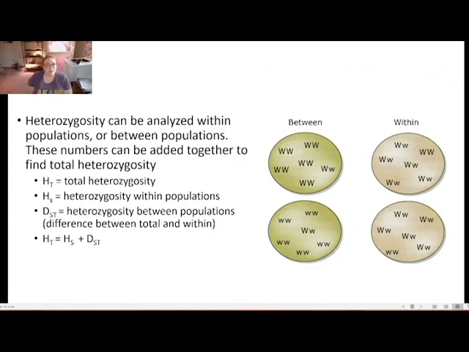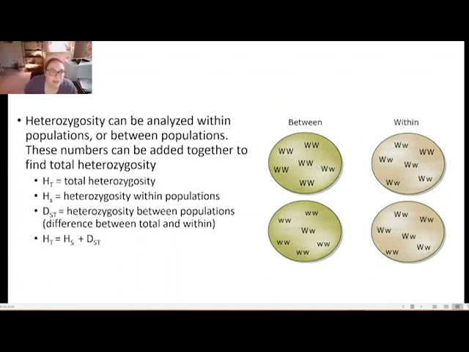So heterozygosity can be analyzed within populations. It can be looked at between populations. Either way, there are actually benefits to each way depending on the type of population you have. And you can add together the between and the within numbers to get your total heterozygosity.